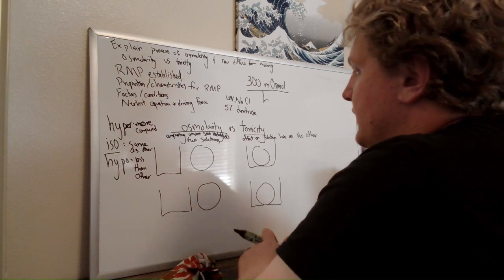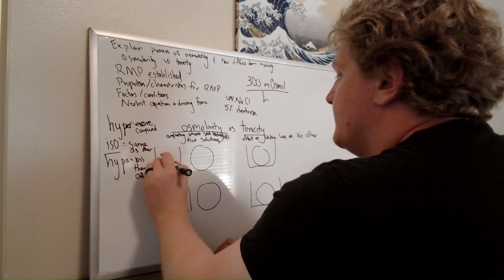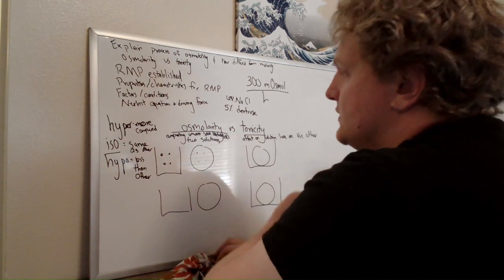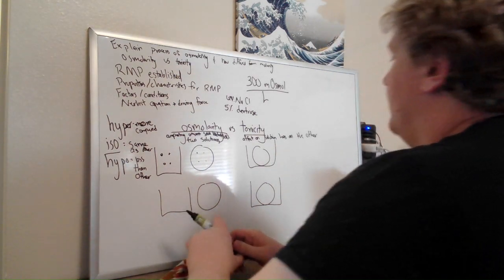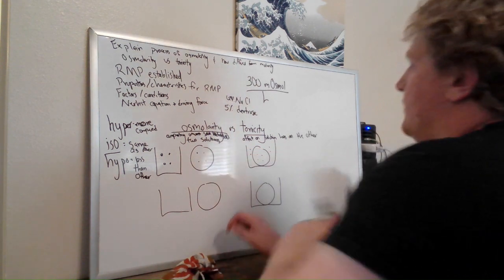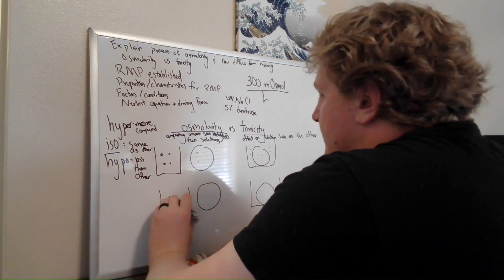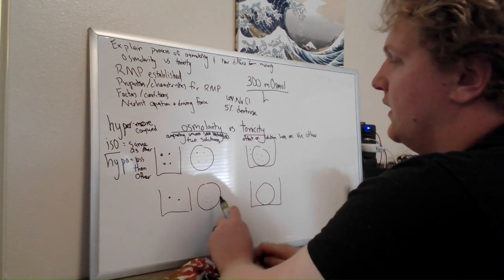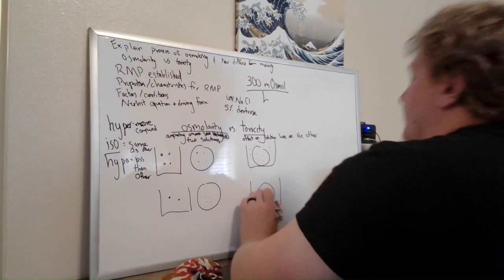So back on the topic of osmolarity, if these little dots represent solutes, these two solutions are isoosmotic. Going over here, we'd call these two isotonic. So if we were to do this, we would say that this solution is hyperosmotic compared to this solution.